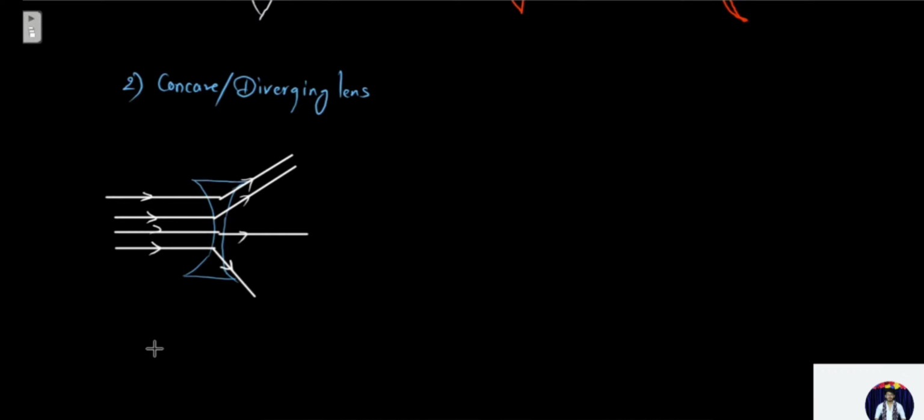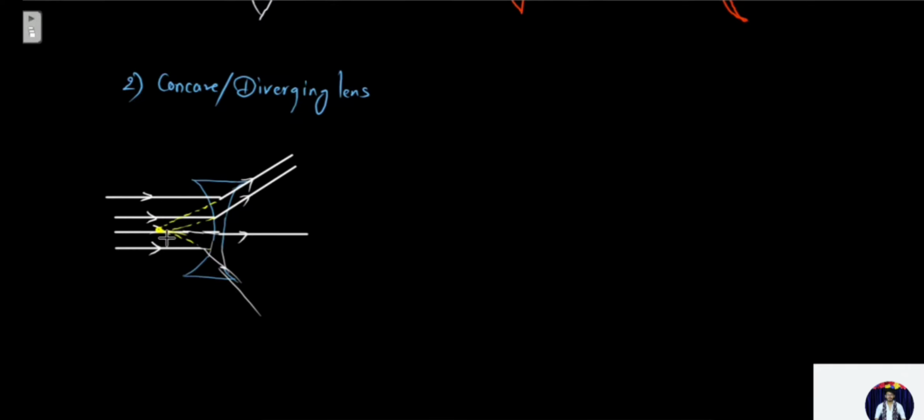Something like this. If you produce these lines behind, they are going to meet at a single point, something like this, which is going to be a virtual focus.